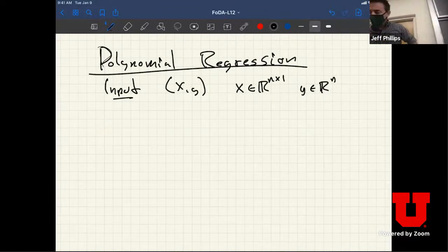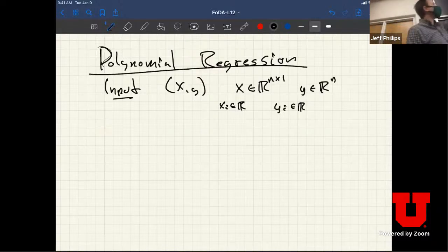That means each x_i is in R and each y_i is in R. So I'm back to the case where x is one-dimensional. You can do this with multi-dimensional inputs; you'll just need to combine these ideas together. This will keep it simpler here, and we'll be able to draw pictures again because it's one-dimensional.